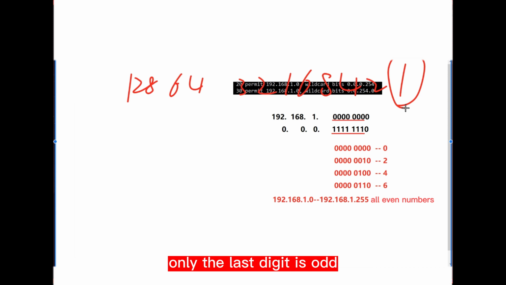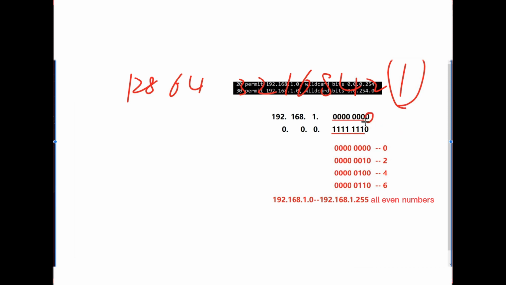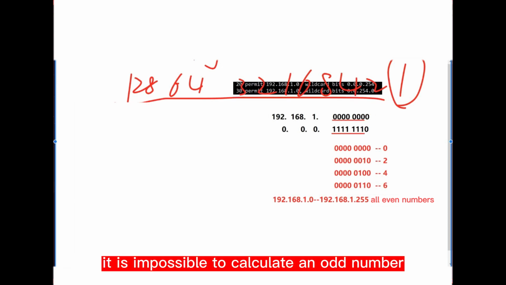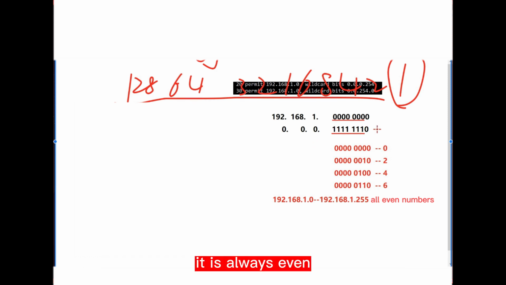Only the last digit is odd. So if the last bit is fixed to 0, then no matter how the previous numbers are combined, it is impossible to get an odd number. It is always even. So with 254 in the last octet, you will match all even numbers.